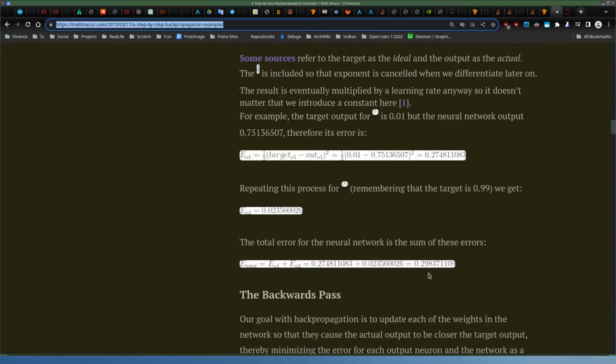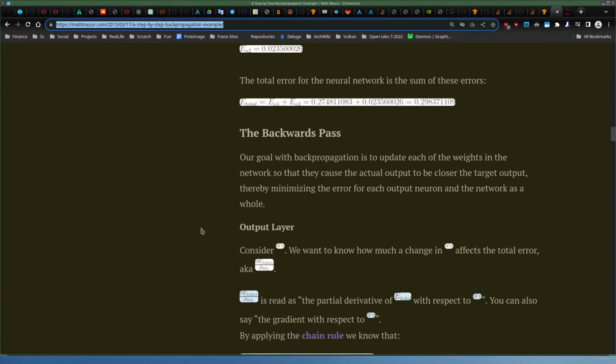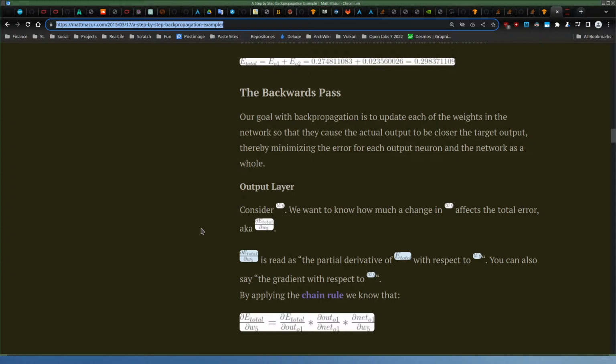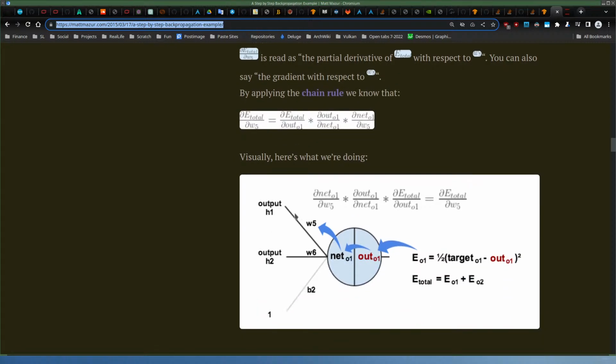And the first thing they do is calculating this one relative to out O1.